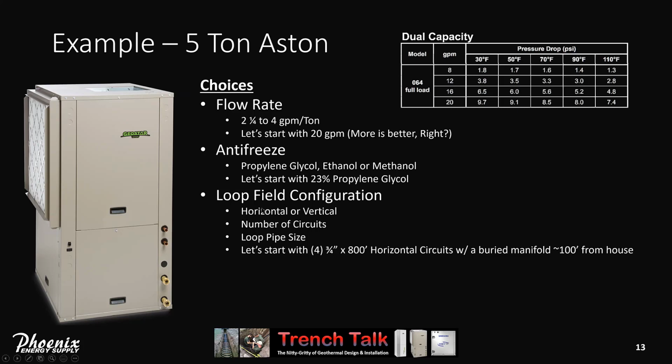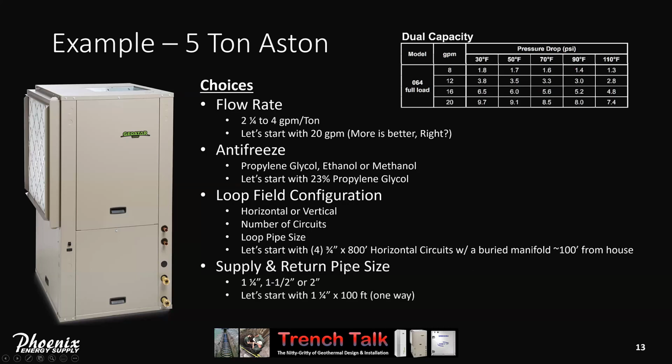So you've got lots of choices, horizontal or vertical, number of circuits, loop pipe size, both length and diameter. So for today's exercise, we're simply going to start with 4 3/4 inch by 800 foot horizontal circuits with a buried manifold roughly 100 feet from the house.